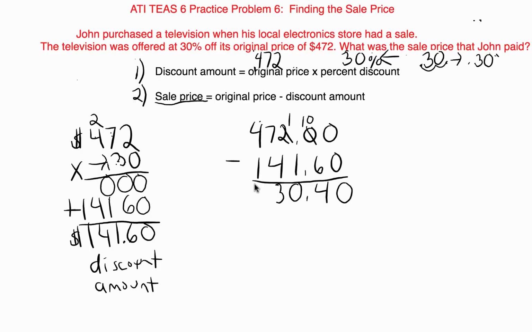And 4 minus 1 is 3. As you can see, we've subtracted the discount amount from the original price. So as a result, we have our sales price of $330.40.